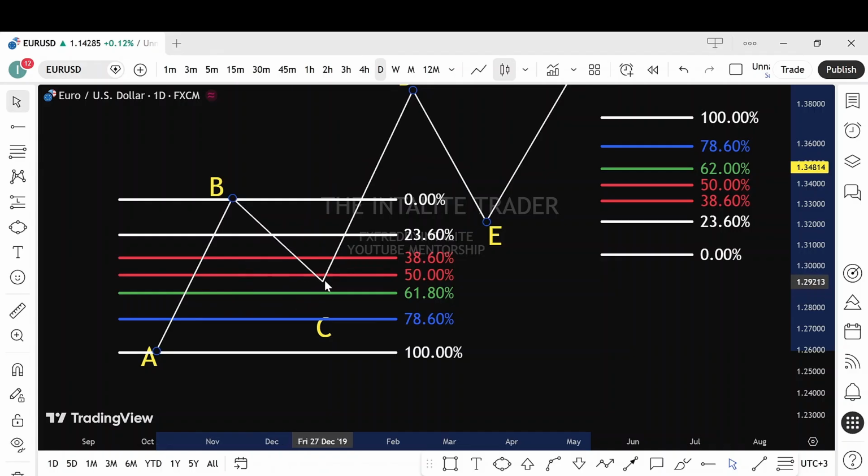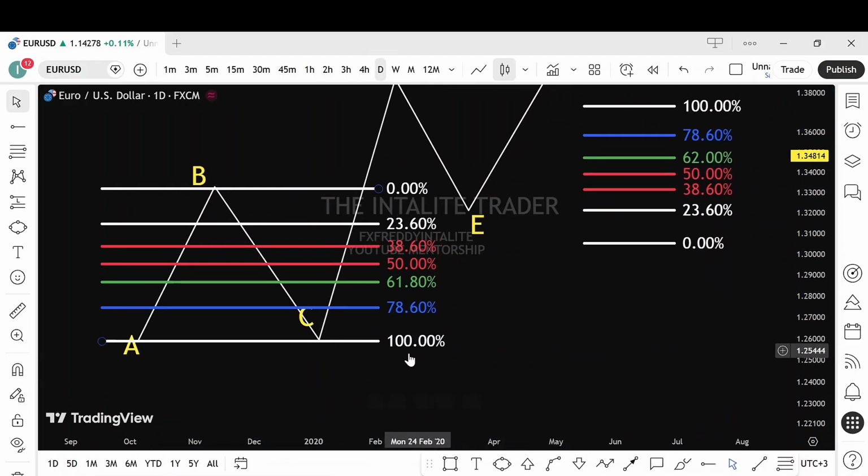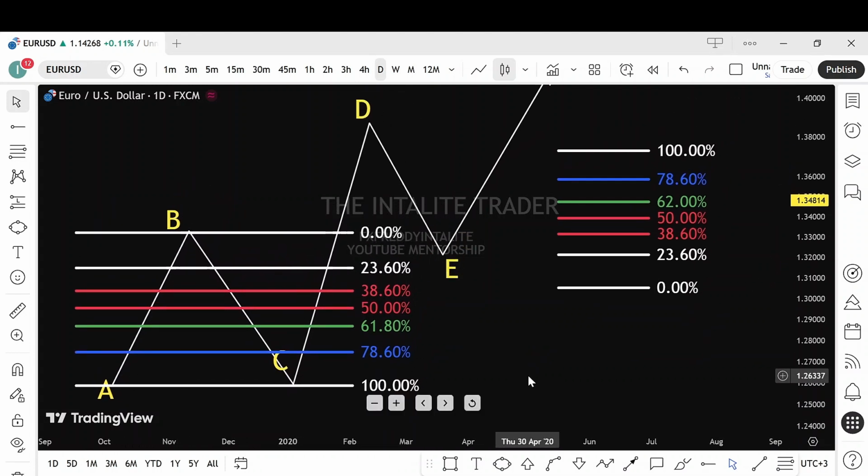And if it comes to 78.6, it means it has made a pullback of 78.60 of this previous impulsive leg. Then when it comes to 100%, we shall say it has pulled back 100% of the previous impulsive move. So that's how we use the tool.